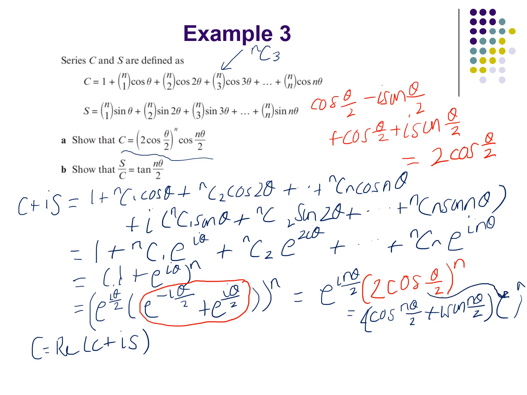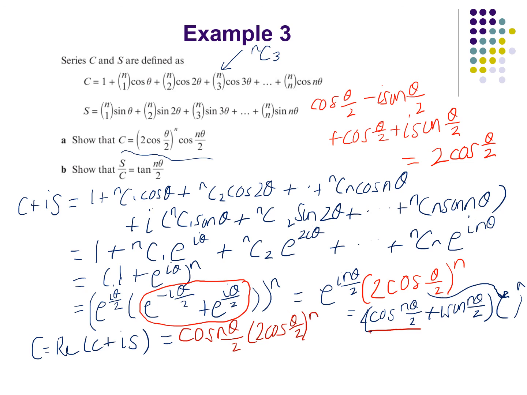So if I'm picking out the real bit, it's this part times the bracket. So the real part is cos n theta over 2 times 2 cos theta over 2 to the n.